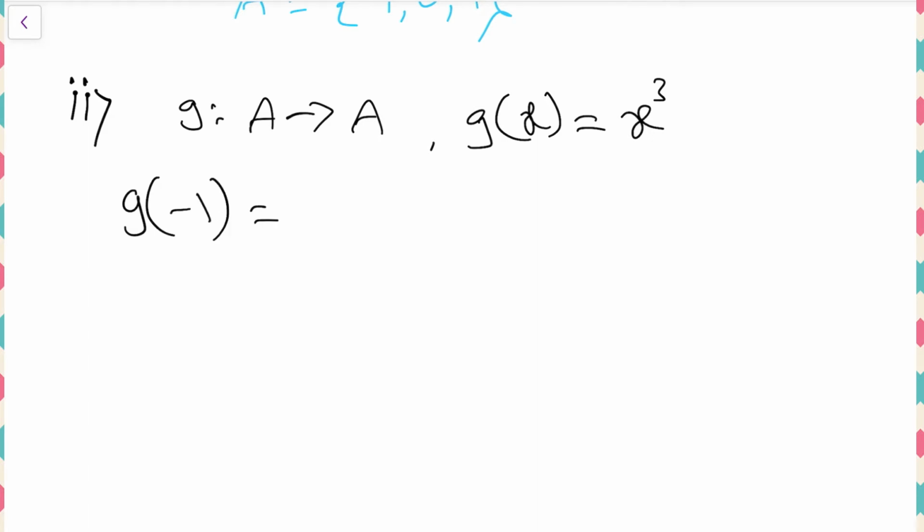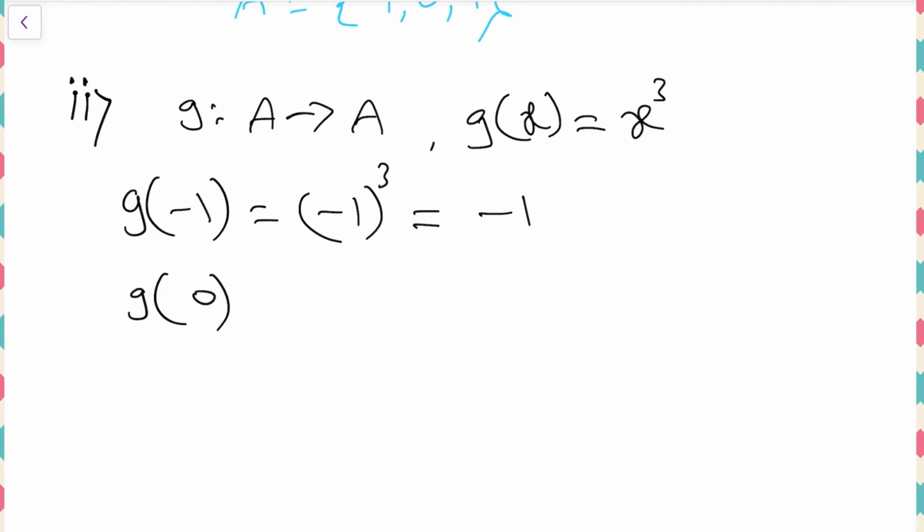Then in this, only one more function he gave. Check whether g is a function from A to A, whether it is a surjection or not. And that function g(x) is defined as x³. We know very well set A has -1, 0, 1. Let us substitute one by one now. g(-1) = (-1)³, which is -1.